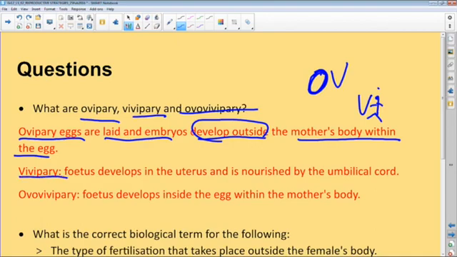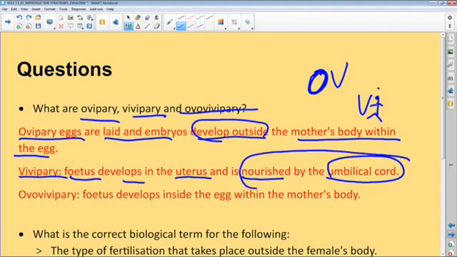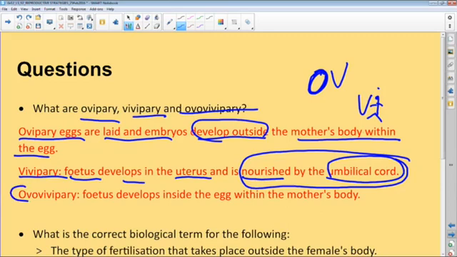Viviparous: the fetus develops in the uterus and is nourished by an umbilical cord. That is the big thing. Nourished by an umbilical cord tells you it's viviparous. Because the next one, ovoviviparous, is a fetus that develops inside the egg and inside the mother's body.